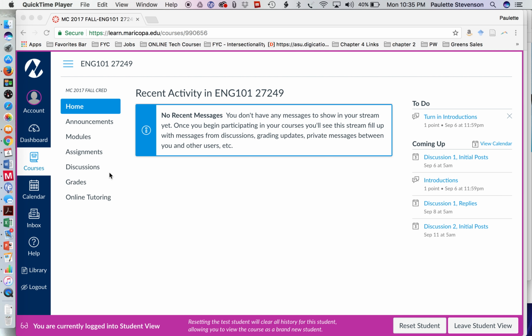This is the way that you navigate our course. This is the menu for our course. This is the home page that you see here. You'll have any recent activity here, so it's kind of like an activity feed. And then on the right is basically the calendar items. It'll tell you what's coming up and due. And the calendar items mimic what is in our syllabus, okay?